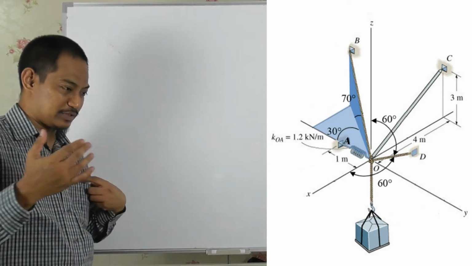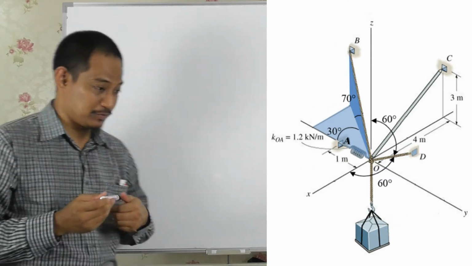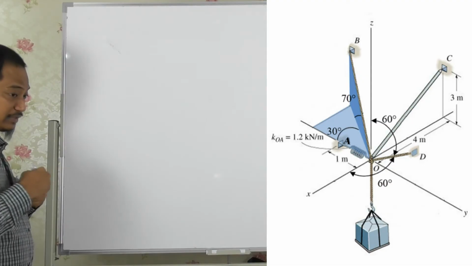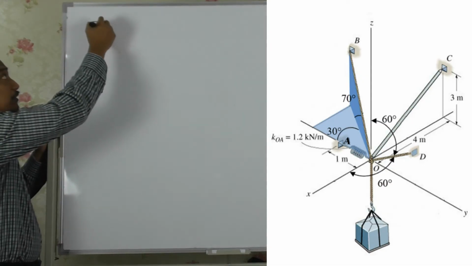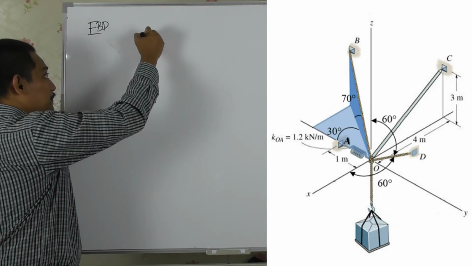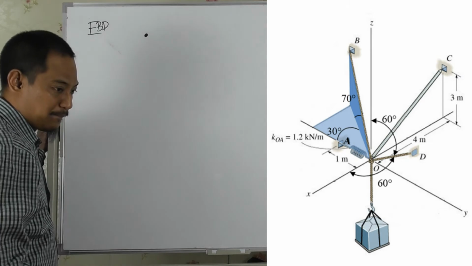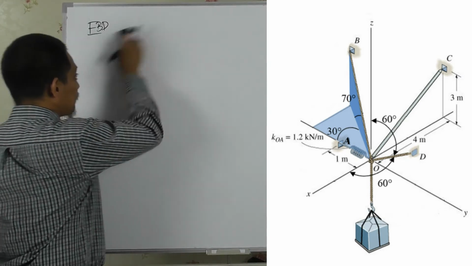The question is structured bit by bit. So the first part is to draw the free body diagram of point O. So we have point O, let it be a bit down.